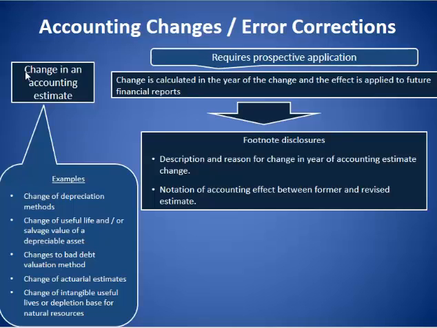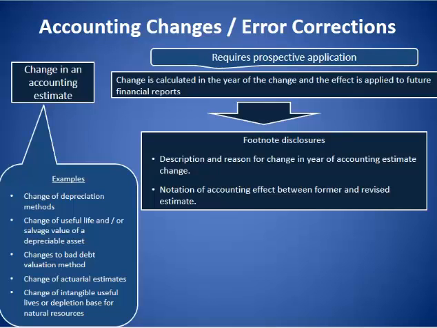Now, there can be a case where a change in an accounting estimate is literally inseparable from a change in an accounting principle. And remember, we said with an accounting principle, changes are applied retrospectively. Changes in accounting estimates, changes are applied prospectively.